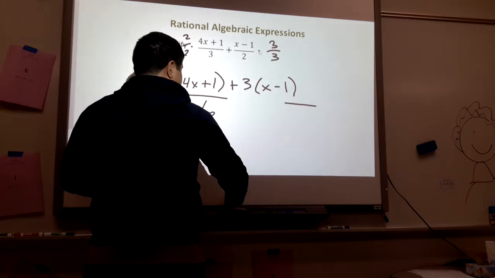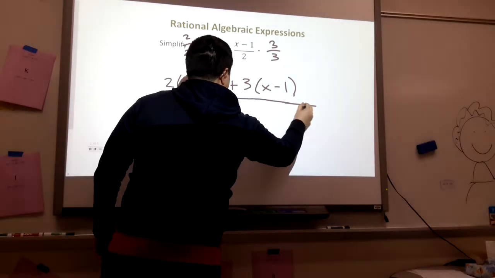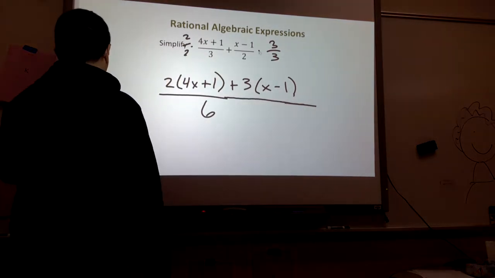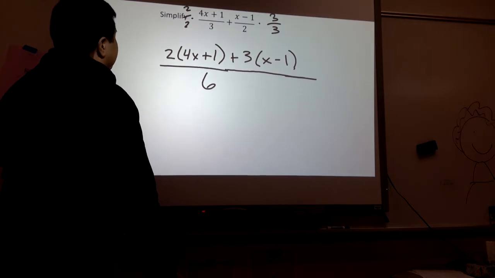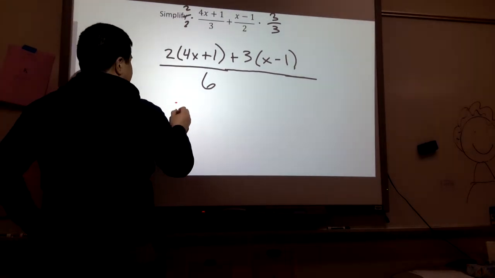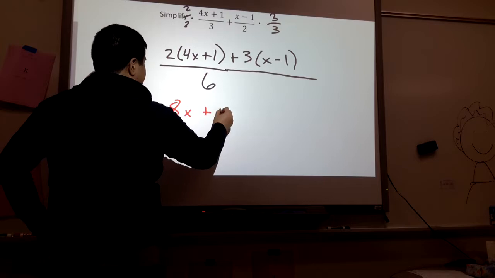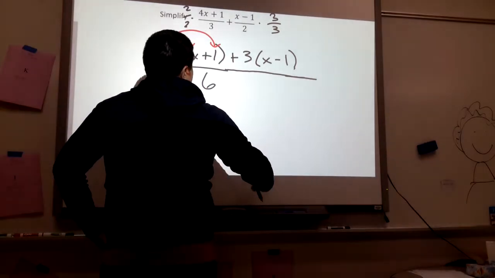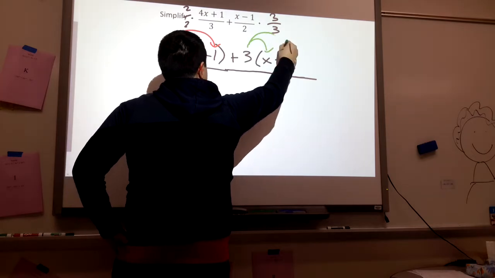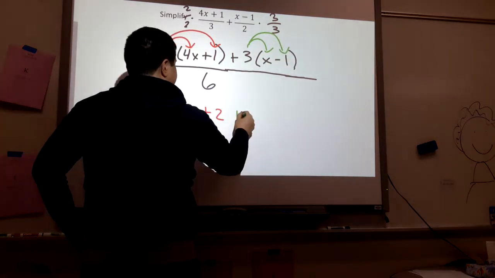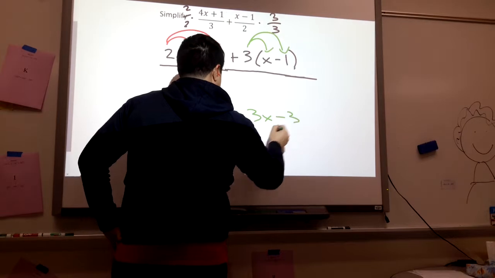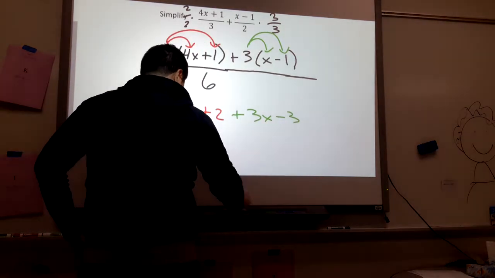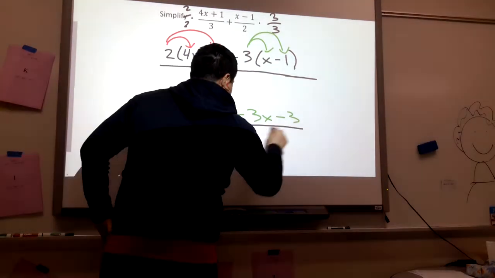So, when we do that, we distribute. 2 times 4 is 8, so we get 8x plus 2. We get 3x minus 3. All over 6.